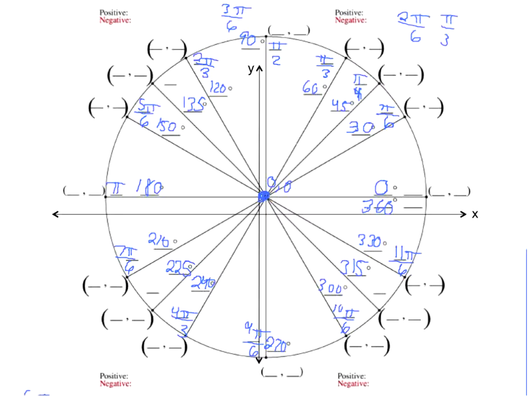If we divide by 3, it would be 3 pi over 2. 10 pi over 6, right here in the fourth quadrant, if we divide by 2, I'd get 5 pi over 3. And 11 pi over 6.